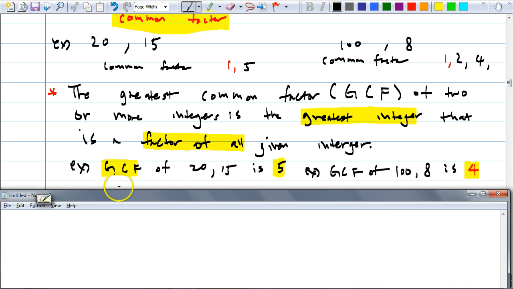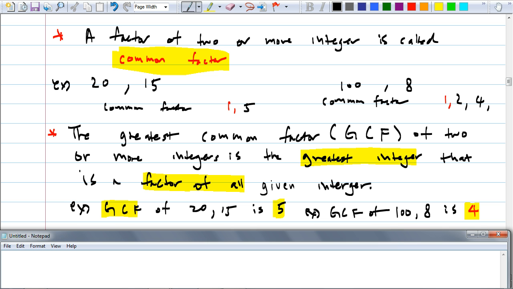We just talked about that, didn't we? Isn't 4 the GCF of 108? Isn't this the greatest integer that is a common factor of both of these numbers? What does it say after the factor? Of all given integers. Let me fix that. Does that make sense?